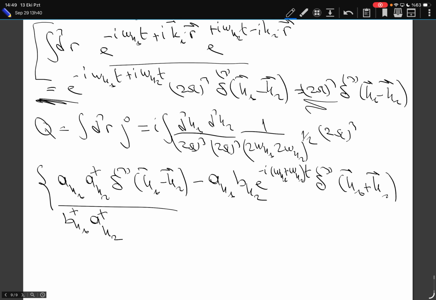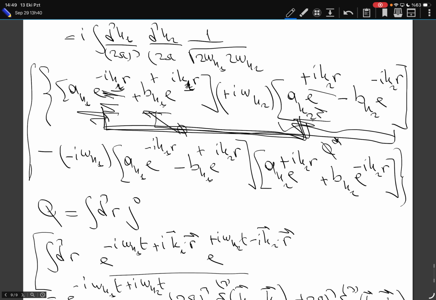Well, the result will be e to the power i omega k1 plus omega k2 of t, the three-dimensional Dirac delta of k1 plus k2.